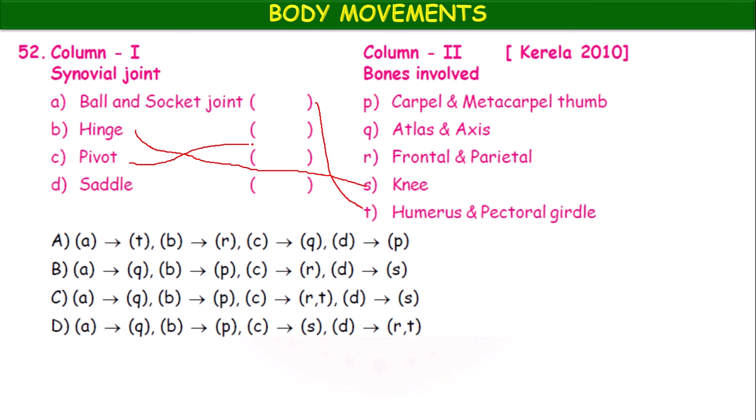Pivot joint is present between the atlas and the axis. Okay, it is in the neck region. Then the saddle joint, carpal and metacarpal. Okay, it is the option A.